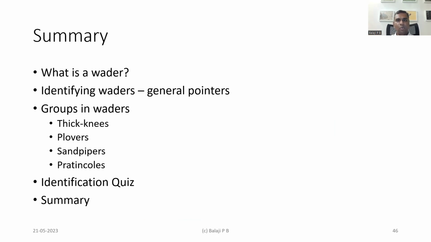But in the 1 hour that we spent here, we have clearly seen how to identify more than 20 species, in fact. It's a little tough to believe, but I think 20 to 25 species we know confidently how to identify. So congratulations, each one of you.